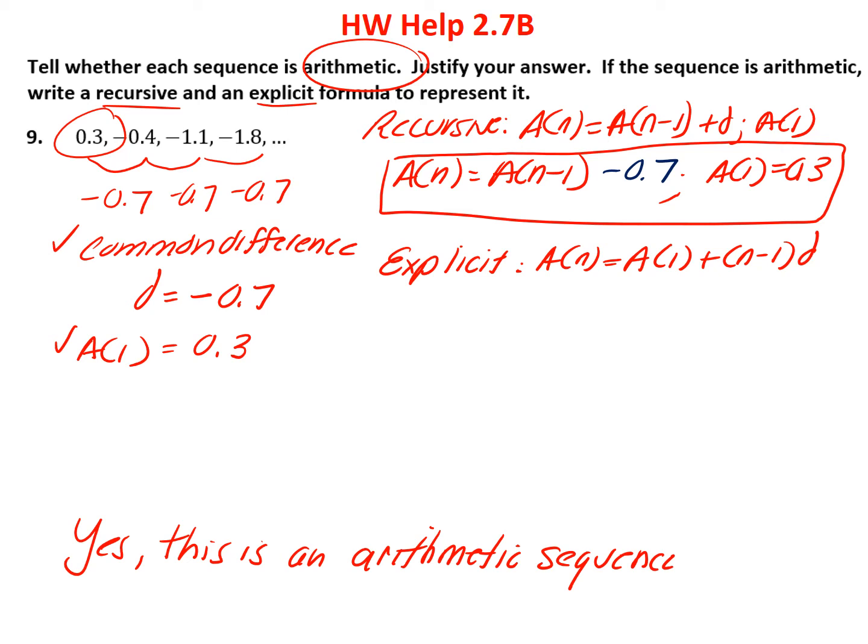So again, we just need to substitute in d and a_1. So a_n equals the first term, which is 0.3, plus n minus 1 and then times d, which is minus 0.7. Again, make sure you put the parentheses around the negative 0.7. Otherwise, somebody will think you're just going n minus 1 and then subtracting 0.7. The parentheses is necessary to show that we are multiplying, and that's our answer.